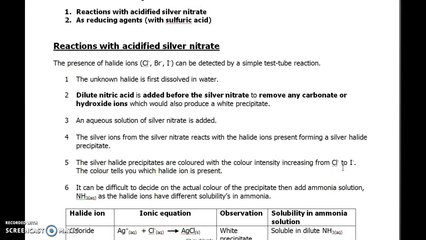However, sometimes looking at the colour alone can be very difficult to unambiguously decide which of the halides it is, and so then we would add a few drops of ammonia solution to say definitively which of the halides we had formed, which we had started with.